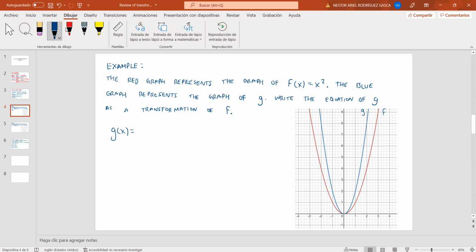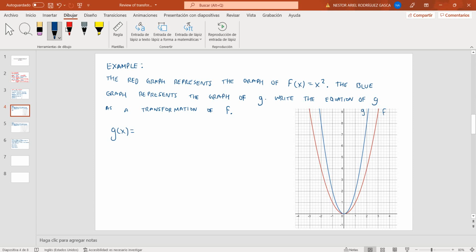Okay, what you need to do is this, guys. First of all, you realize right away that g is not a reflection of f, because that's quite evident, and it's not a translation. So this is a vertical stretch or vertical compression, or horizontal stretch or horizontal compression. So let's see.